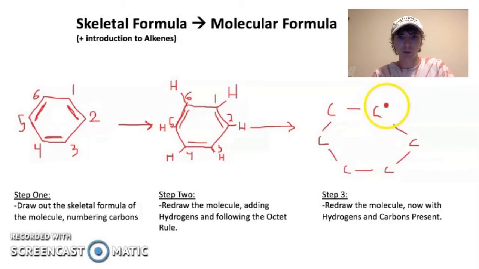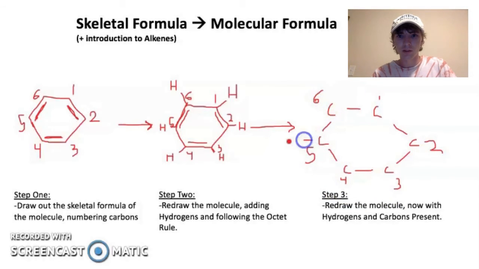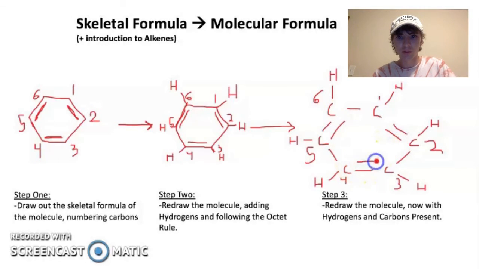So I'm going to go back and number these, and then number these, and I add my hydrogen. And then make sure you don't forget your double bonds, because I almost forgot my double bonds here. So put your double bonds. And that would be your answer to your unsimplified form.